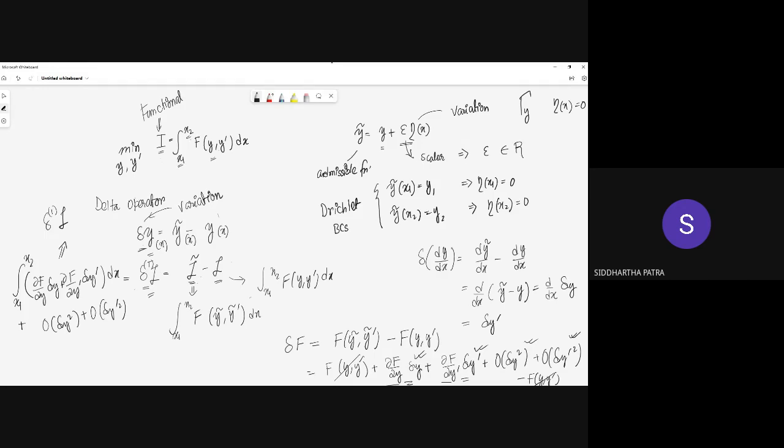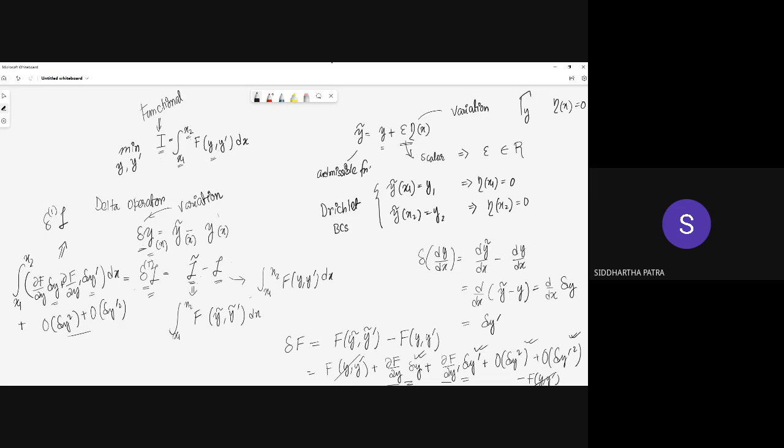So this linear portion, linear in delta y and delta y prime, is what you would refer to as the first variation, and the rest of the terms also contribute to the total variation, but we are only interested in the first variation.